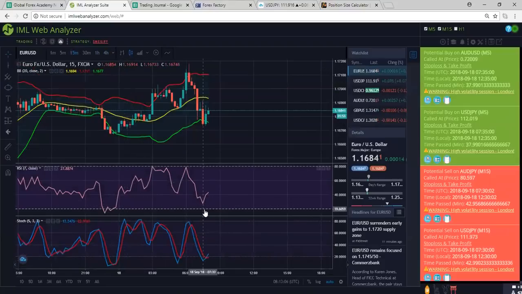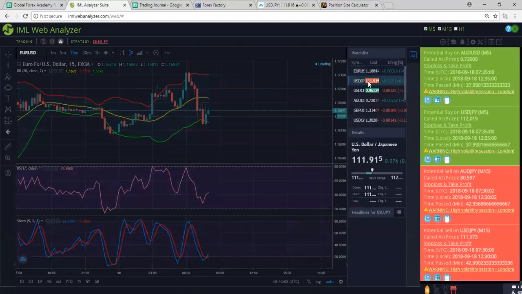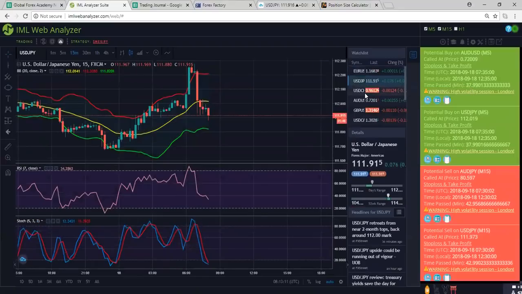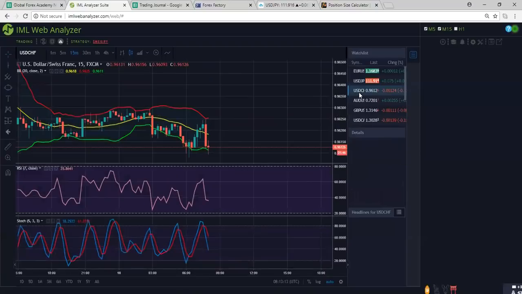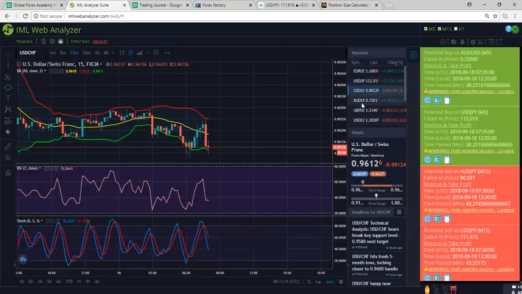So this is not a bad trade. I just like to get in earlier. So let me scroll through a few more and let's see what some of these trades are doing. And we'll see if we can find a good setup before I let you guys go.